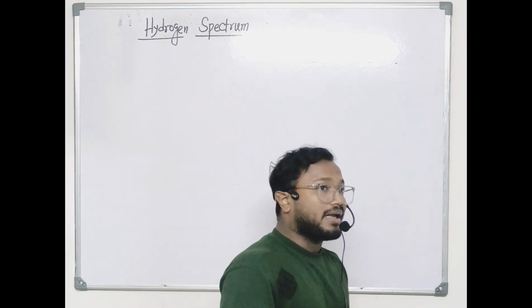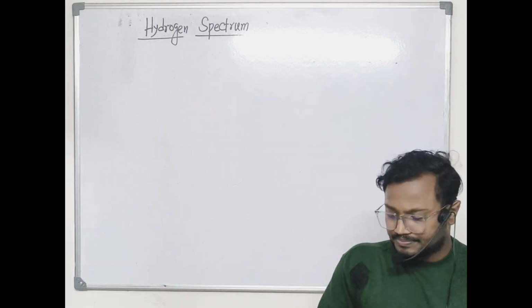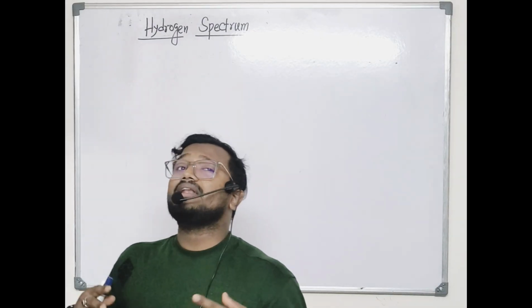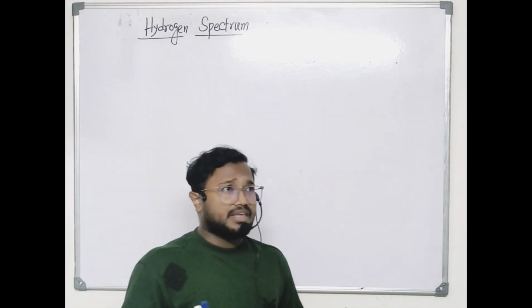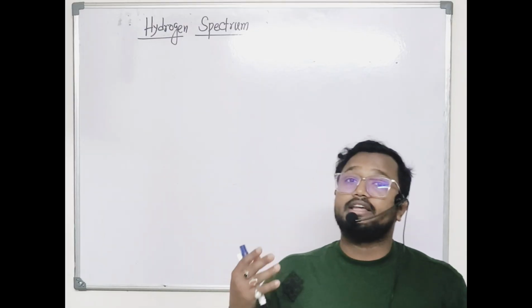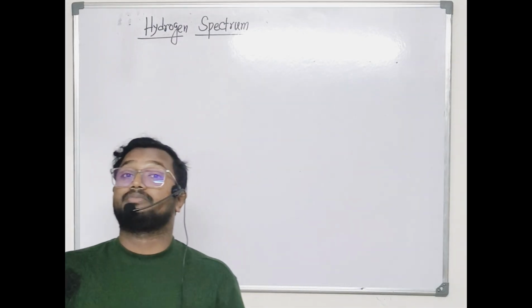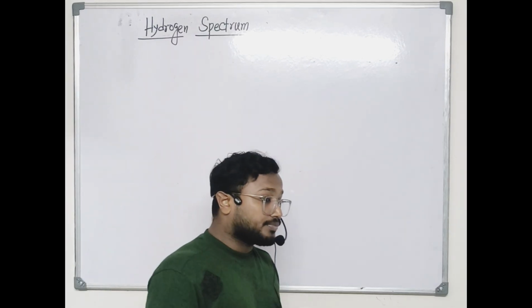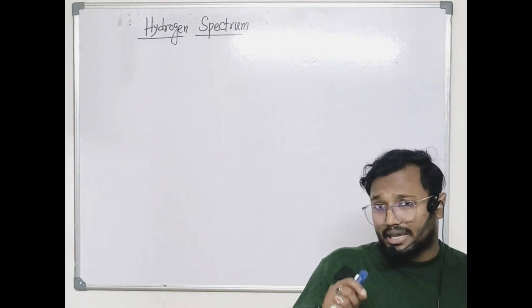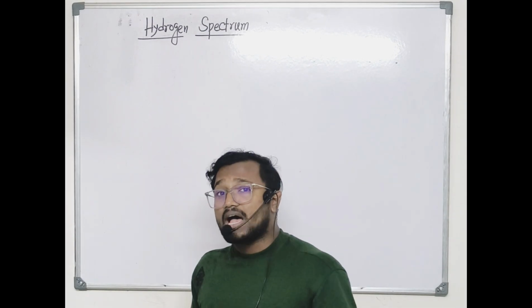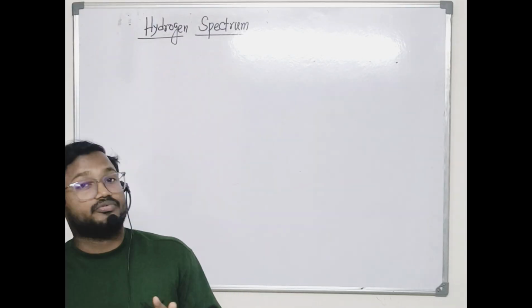Now what do you mean by hydrogen spectrum? Actually, we can differentiate spectrum in many ways. It may be continuous spectrum, discontinuous spectrum, band spectrum, or line spectrum. Regarding spectrum, we can say one thing: spectrums are the fingerprint of atoms.